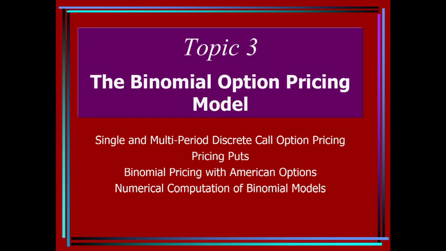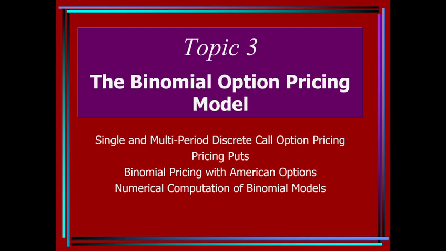We'll also look at the conditions under which we would want to exercise an American call early, how we can account for dividends in the pricing model, and how we can determine at each node, at each time frame, whether or not it makes sense to exercise early. We mentioned last week that just because an American option gives you the ability to exercise early, it doesn't necessarily mean that an American call would be worth more than a European call.